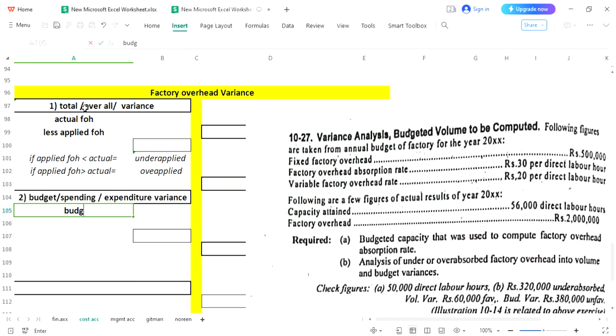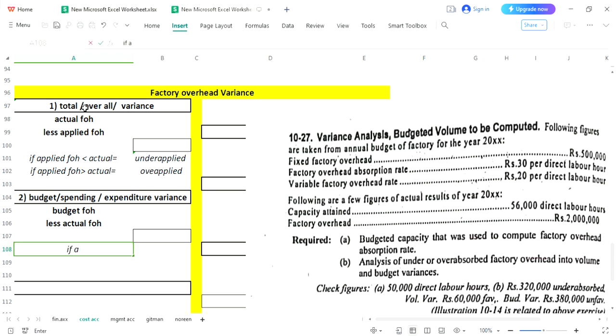So you will write your budget FOH first, and then your actual FOH. Here you will calculate the variance by taking the difference of budget and actual. The next step would be the conclusion, and you will be focusing upon actual FOH.